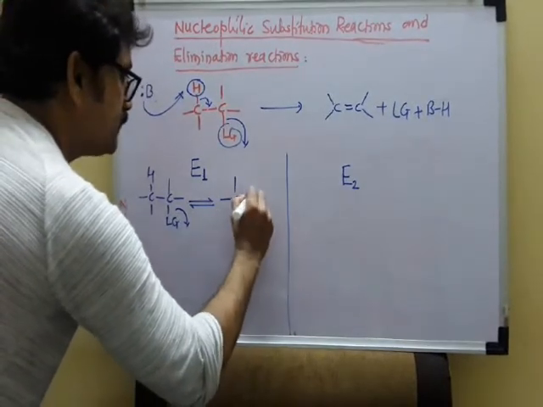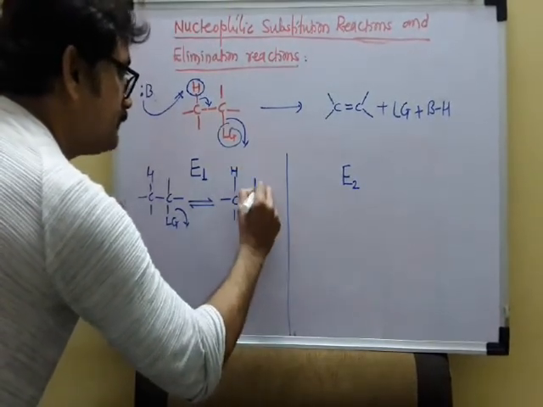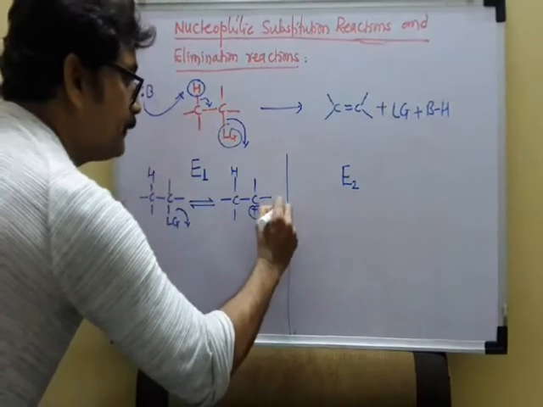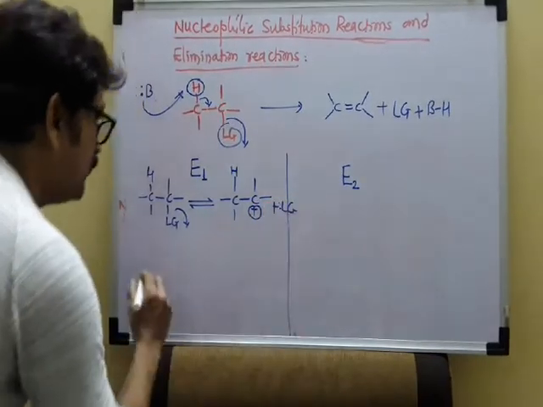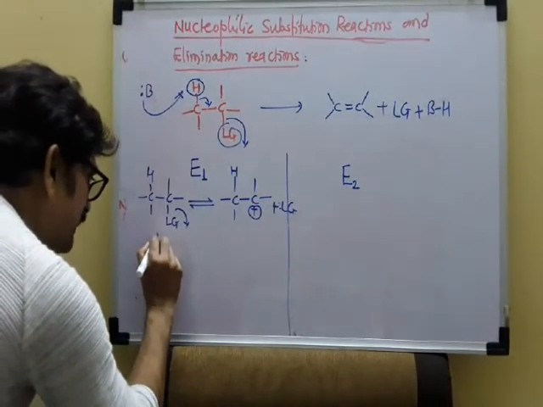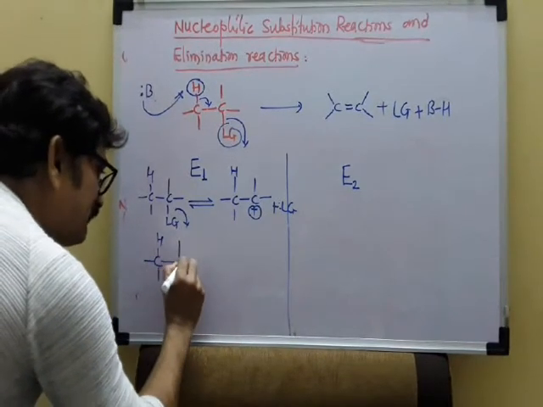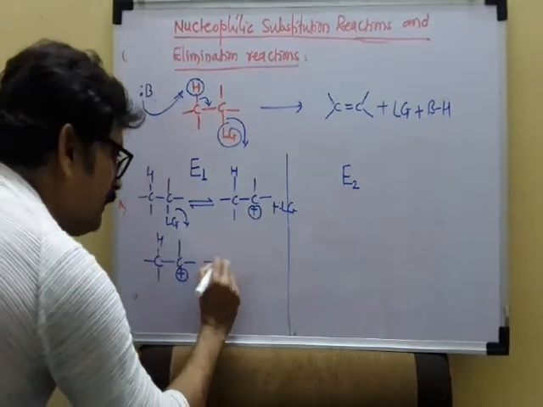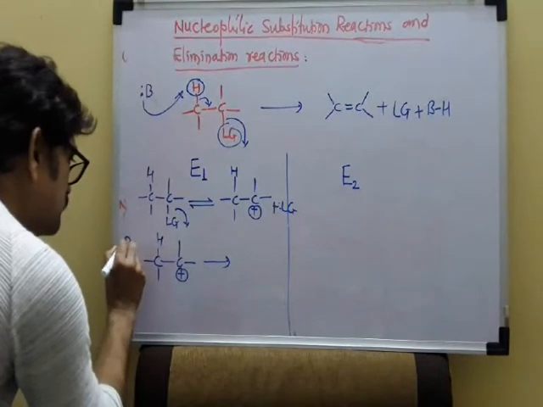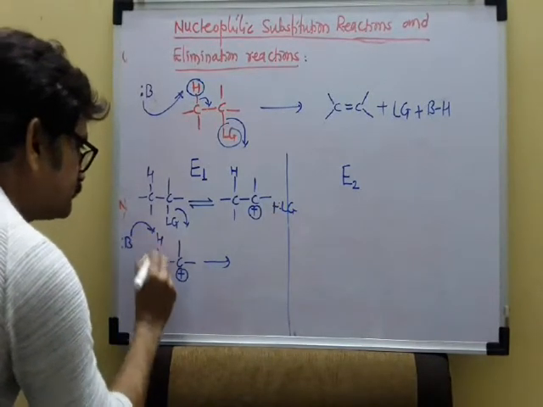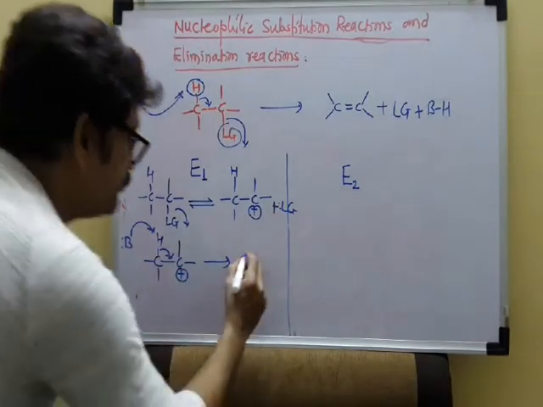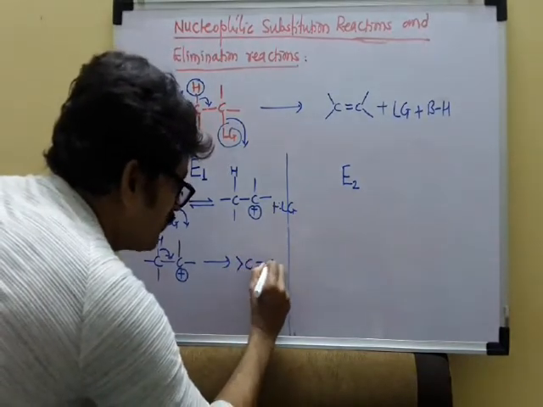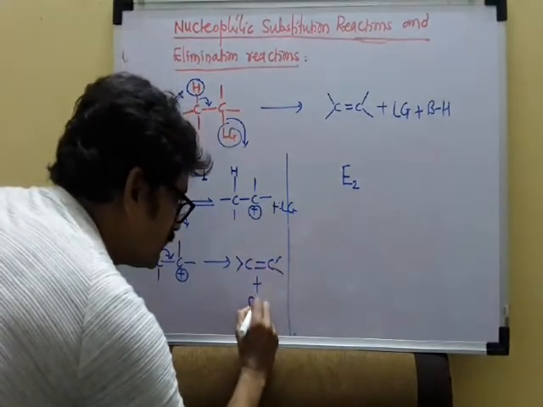In the second step the proton is removed quickly by the base, and the bond moves between the two carbons to form the carbon-carbon double bond.